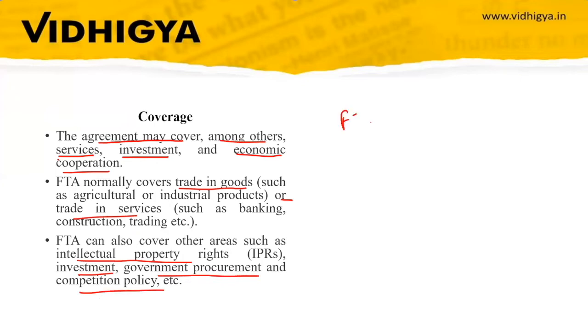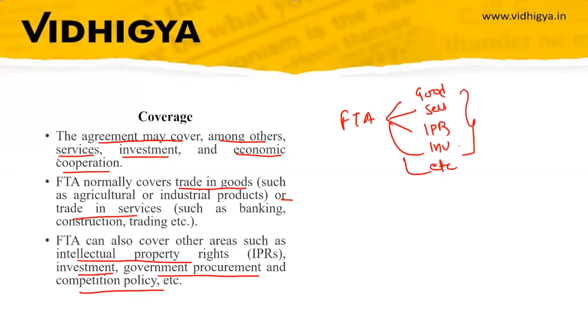So there are no set rules that FTA can only cover 1, 2, 3 things. FTA can cover trade in goods, services, IPR, investment, etc. Depending upon the negotiation between the two countries, FTA can be concluded between both of them.